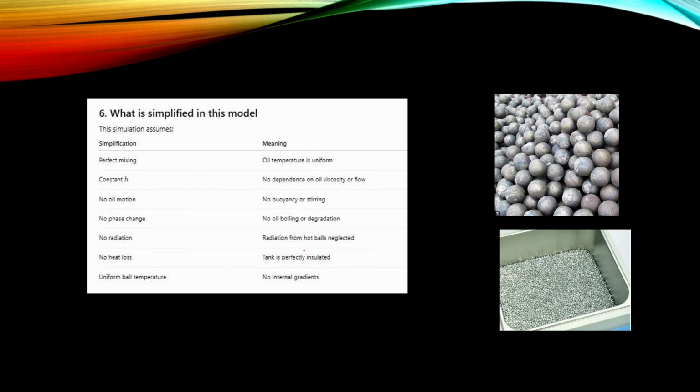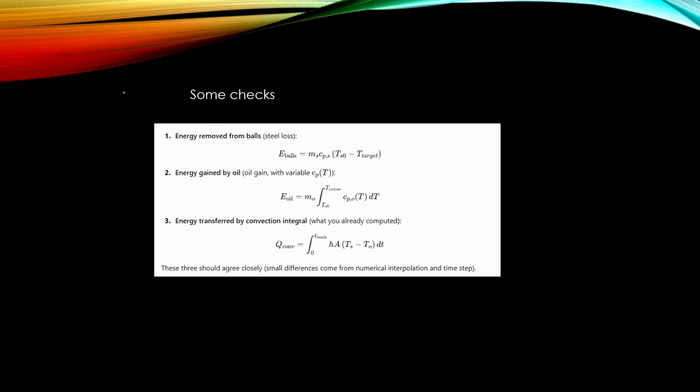We will later discuss what is the effect of radiation in these kind of cases. We need to add some checks to our code. We will calculate how much energy is removed from our balls and how much energy is gained by our oil, and then we will also calculate the convective heat transfer from our balls.